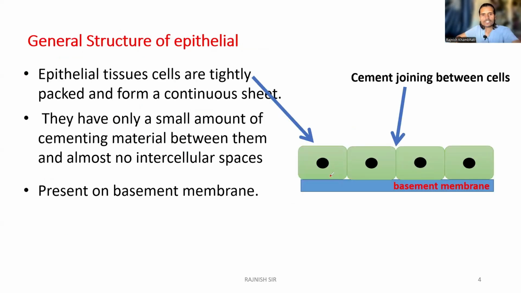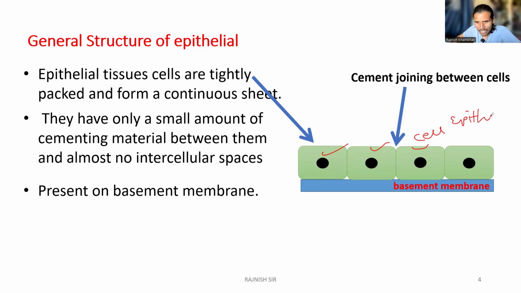This is the general structure of epithelial tissue. You can directly learn this from the diagram, so let me directly explain through the diagram. Number one, this is what you see. This is a cell. Cell of what? Epithelial.